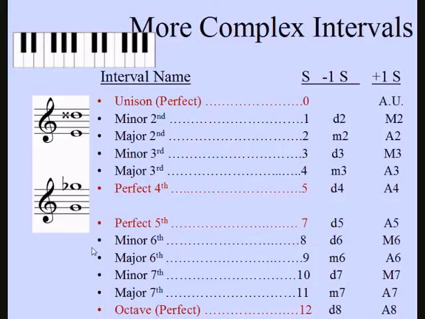But we're going to still count it on the keyboard counting from G to G flat. 0, 1, 2, 3, 4, 5, 6, 7, 8, 9, 10, 11. Therefore, this is an octave with 11 semitones. Then it's 12 minus 1. This is a diminished octave.